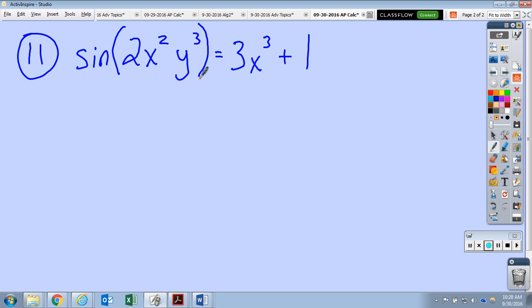This is saying the sine of that whole thing, 2x squared y cubed. So I'm going to assume they meant the sine of that whole value because they didn't write parentheses. That would be a safer assumption than assuming the sine of just 2x squared, and then the rest times the rest, yeah.